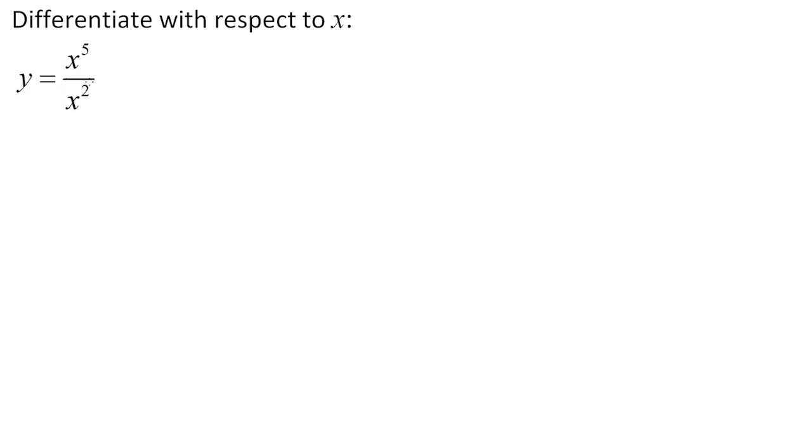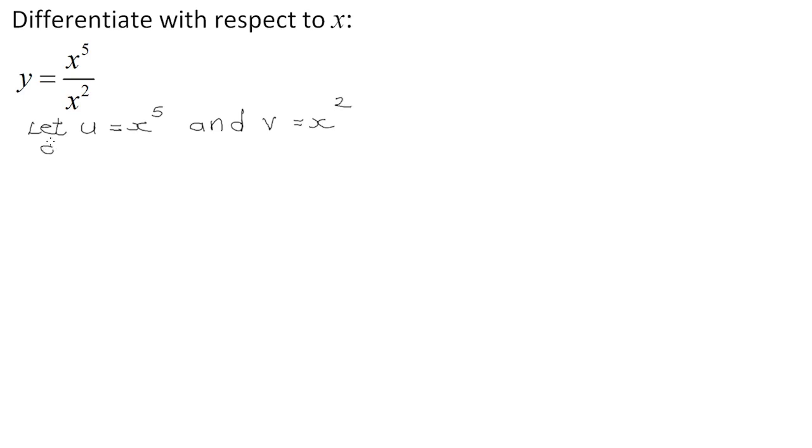And for the quotient rule, we normally start off by saying, let u be equal to my numerator, which is x^5, and v be equal to my denominator, which is x^2.